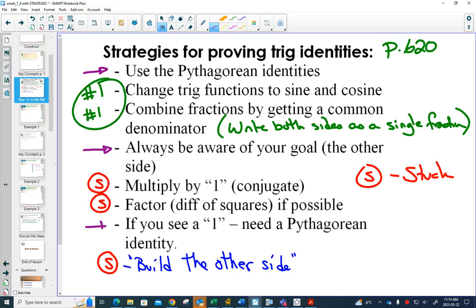Especially if you see a 1 in the equation, it's probably that you'll have to use one of those: sine squared plus cos squared theta equals 1, or tan squared theta plus 1 equals secant squared theta. Those ones can sometimes be quicker than using the number 1 strategy. Number 1 strategy would probably still work, just be longer, but if you're aware of what's on the other side and think about it a little bit, sometimes there's hints.